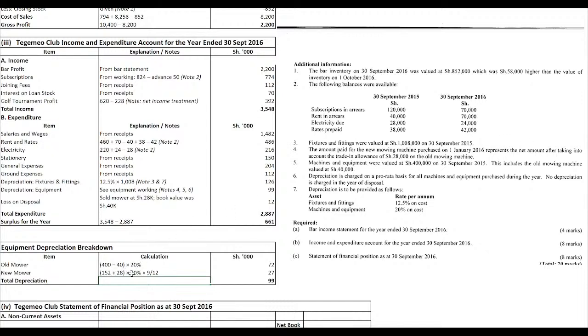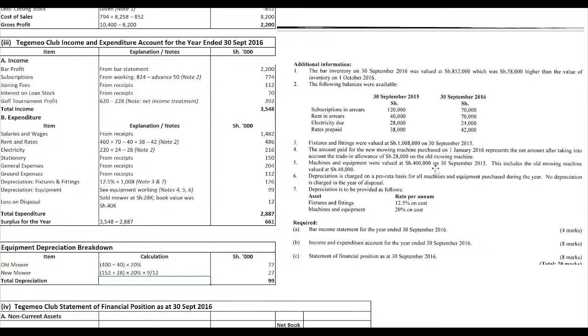So you have to add that and then get the 20%. Then it was valued at 1st January 2016. And our year is ending on 30th September, so that is 9 over 12. So you have to calculate the months. So we get 27. So the total will be 99. So our depreciation on equipment is 99.